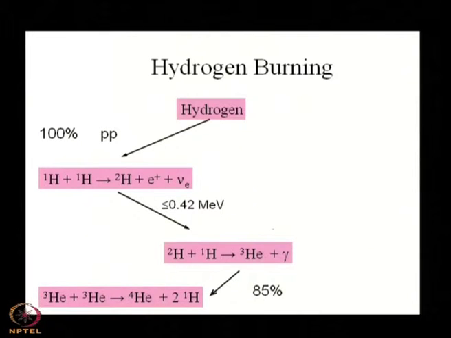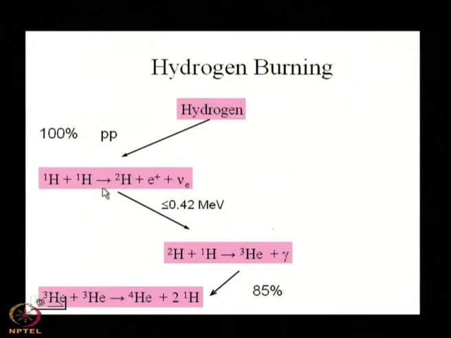In this, the first step, you start with hydrogen, and bear in mind that the entire gas inside the sun is ionized. So, you have essentially got protons and electrons free. So, you start off with protons, and 2 protons collide with each other. We have discussed how this happens, you require tunneling.